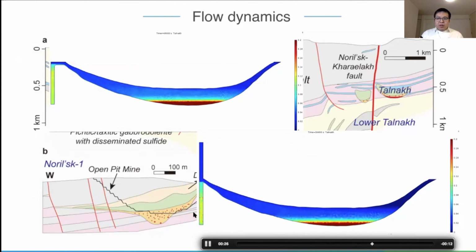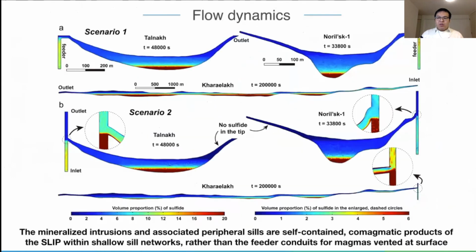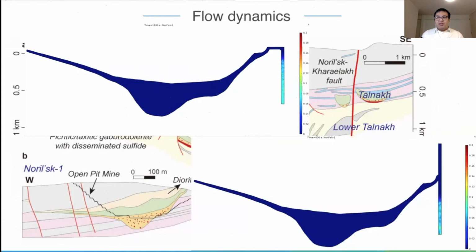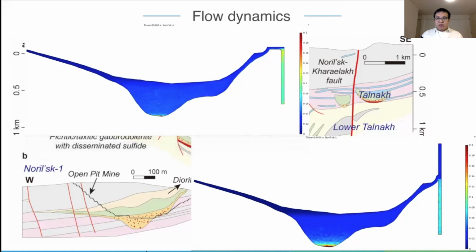This is the Noril'sk. There are still two models for this fluid dynamic of the sulfide droplet, and we can see that it can deposit in this part. We can see these two models may be similar in the result of the deposition of the sulfide droplet.